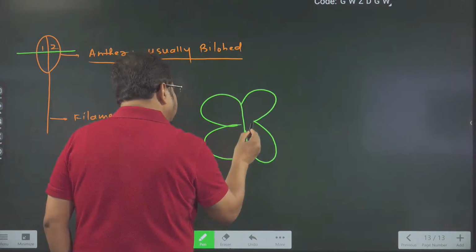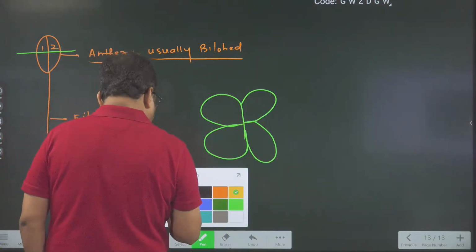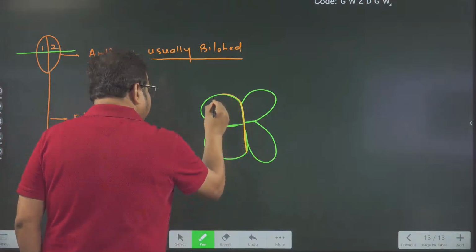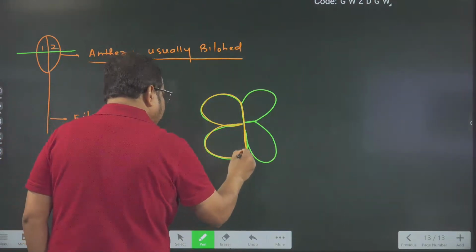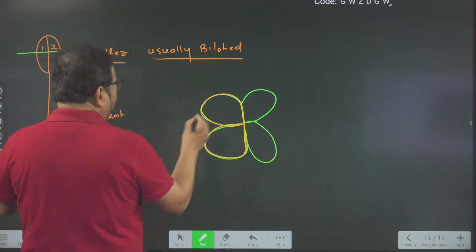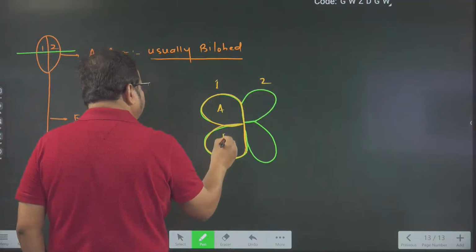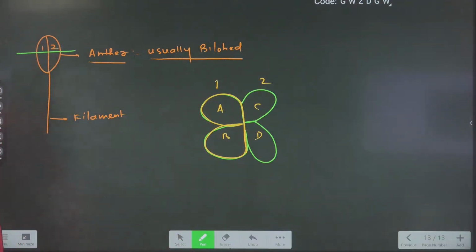I am using different colors for different lobes, so you can understand easily. This is one side, the first lobe, and this is the second lobe, and each lobe has two chambers, A, B, and C, D. So each lobe has two chambers.